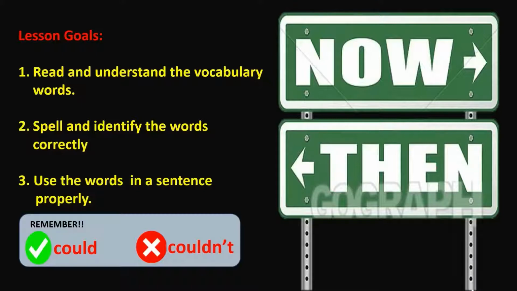And besides the goals, I want you to remember these two words here, which are read as could and couldn't. You will notice here, this is a check mark, meaning you can do it. Could. I could. And then couldn't. This one is couldn't.